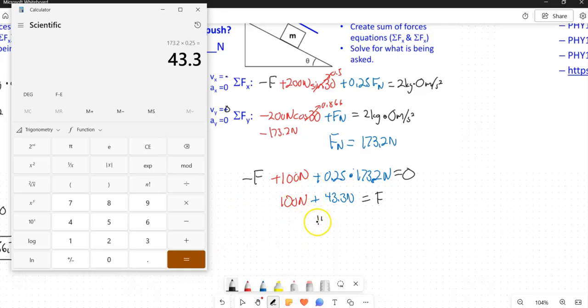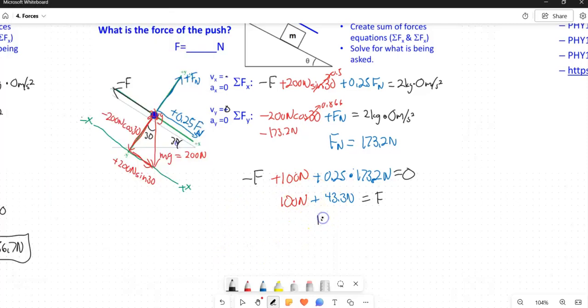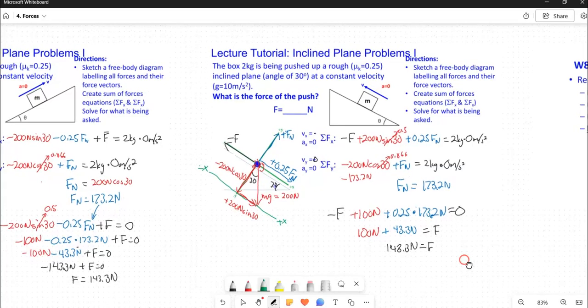So this is going to be 43.3. So this is going to be 143.3 newtons, and that's equal to F. Okay, so I'm going to write that in up here. So this is 143.3.